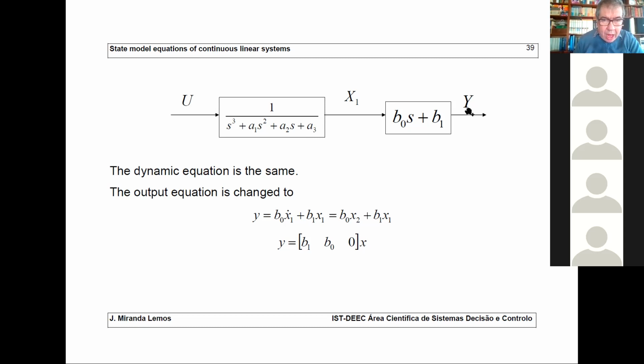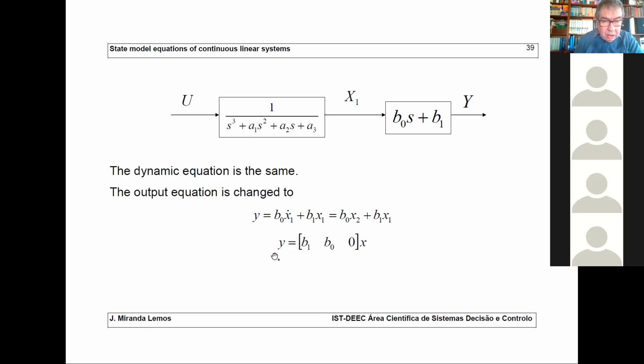Now, y is b0 s x1 plus b1 x1. Okay, but s x1 in time is x1 dot. So y in time is b0 x1 dot plus b1 x1. And x1 dot is by definition x2.